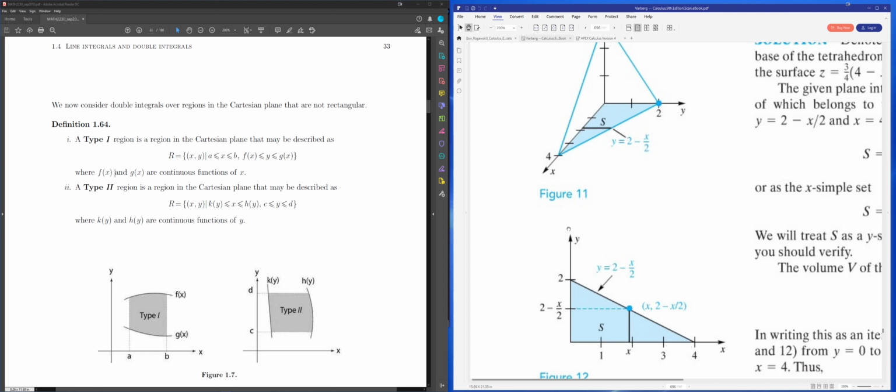So this y-axis over here is x equals 0, and this curve over here is x equals 4 minus 2y.